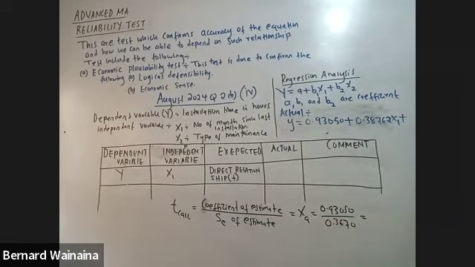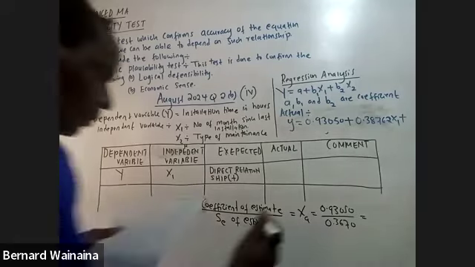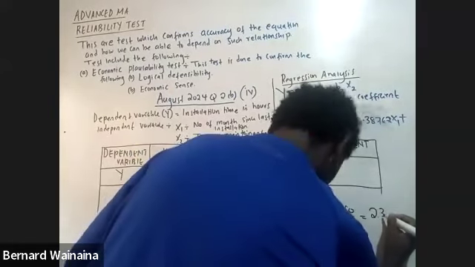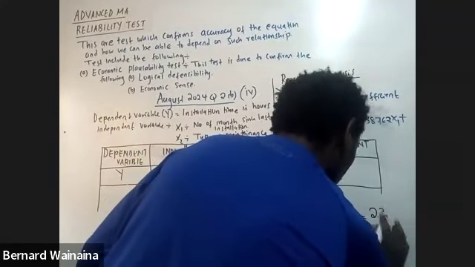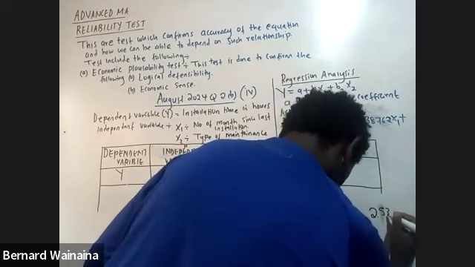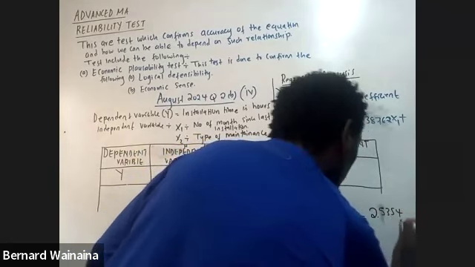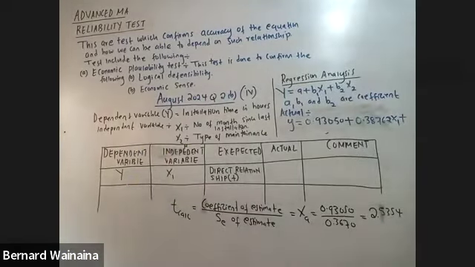That one is how to find T for A. It will be how much? 2.5354.